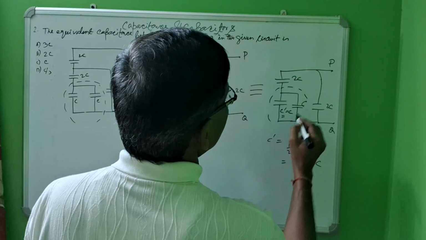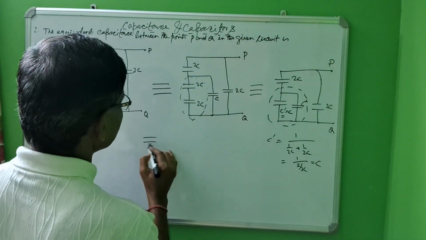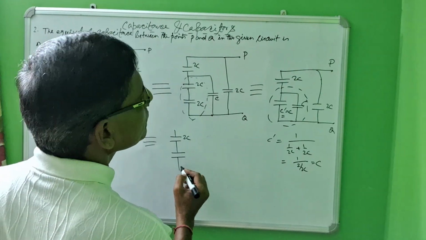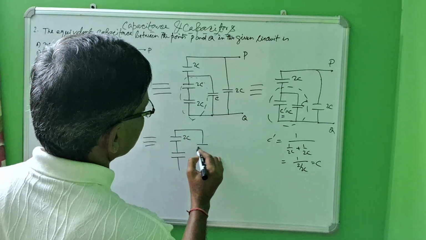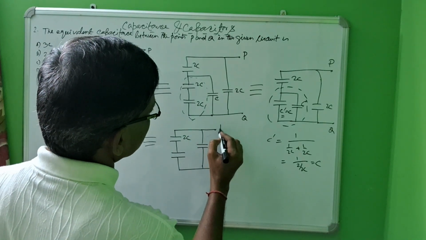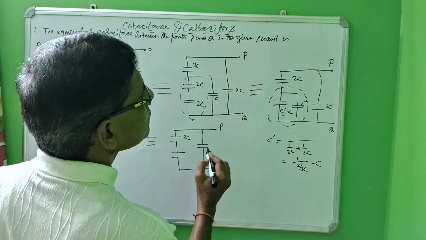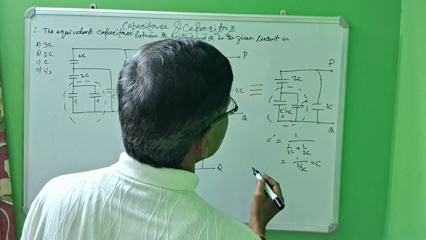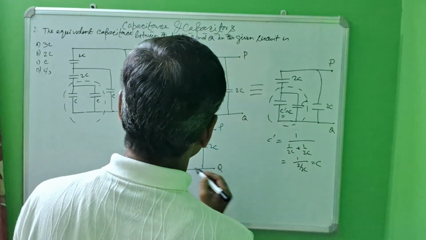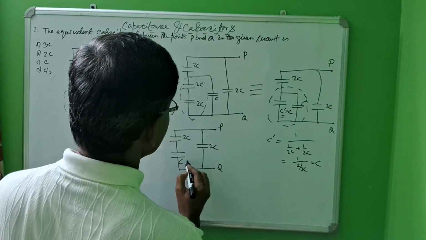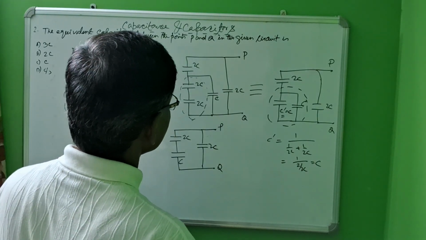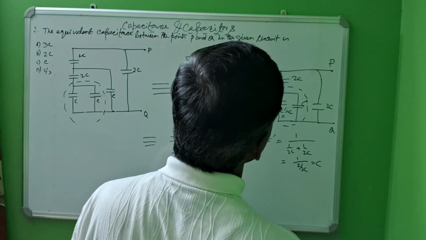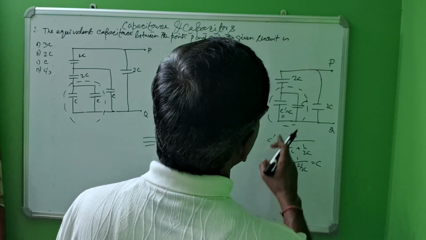Now attack this portion. We get C dash equals to.